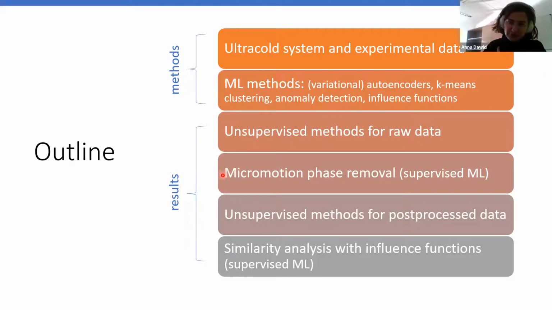So it was a feature we had to remove, and we did it with a machine learning approach. Then we again used unsupervised approaches for this data without micromotion. And then finally, we overcame the final problems and detected all topological phases with influence functions. This may sound like a complex story, but it has many elements. It's not difficult. That's okay. So let's start with the beginning.